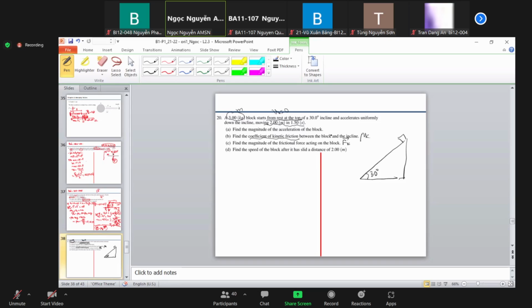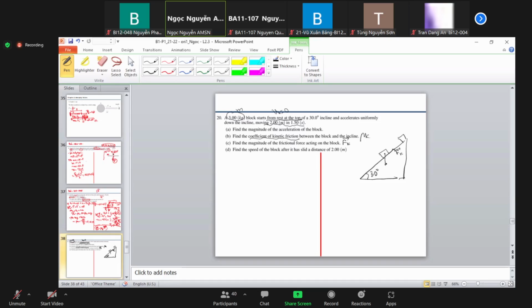Because it moves down, maybe to this position, the friction force should be like this, pointing up the incline. Here is Fk because it's kinetic.